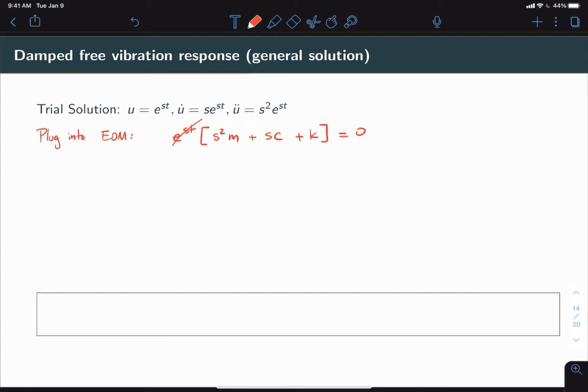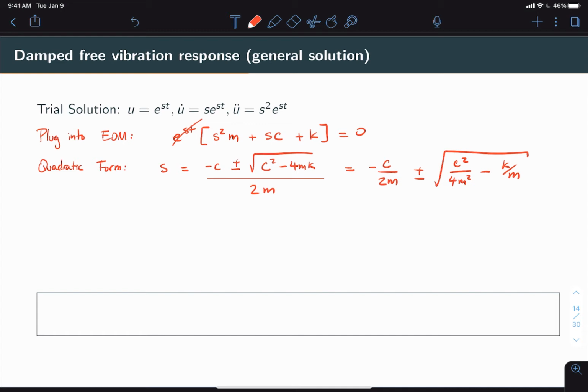So solving the quadratic formula, we get the following, which simplifies to a negative c over 2m term plus or minus square root of c squared over 4m squared minus k over m. Now if you recall, k over m is the natural frequency of the undamped solution squared, so we can bring the omega n outside of the square root, and we can simplify the term inside to the following.